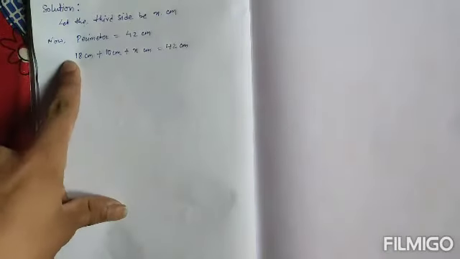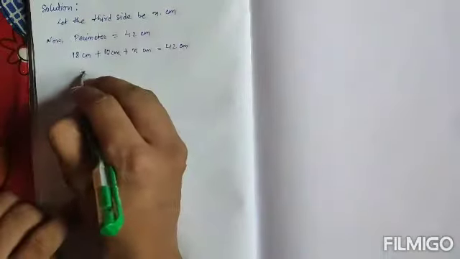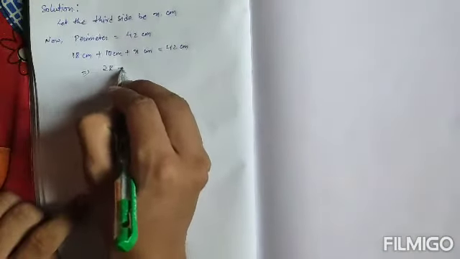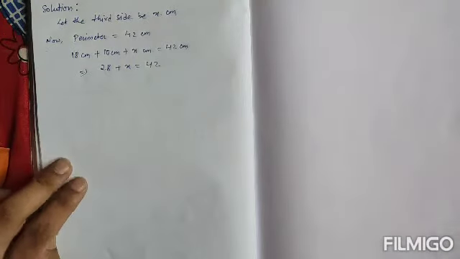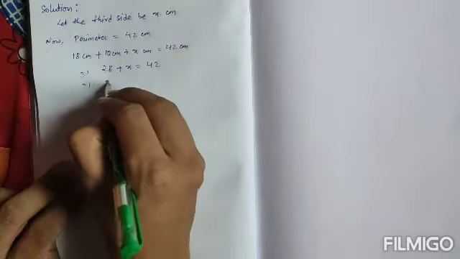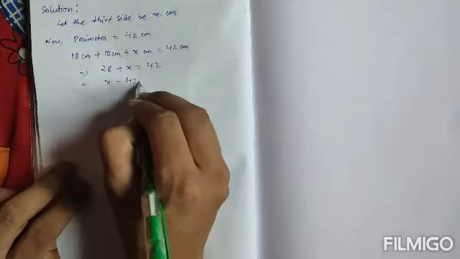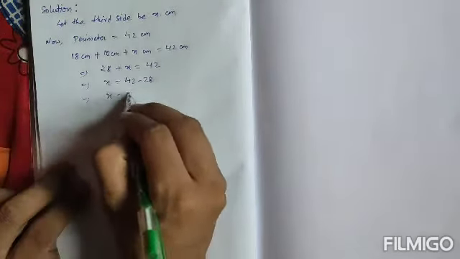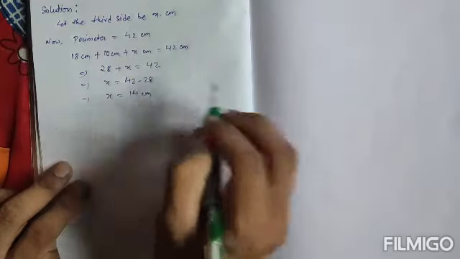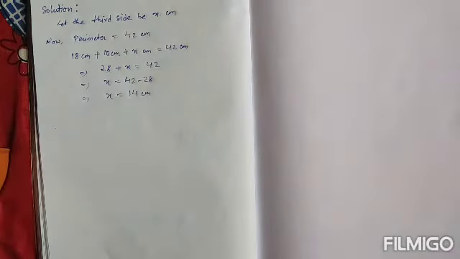So now you add this, 18 plus 10 is 28, plus x equals 42. Okay, implies x equals 42 minus 28, isn't it? Just to solve, x equals 14 centimeter. So the third side is 14 centimeter.